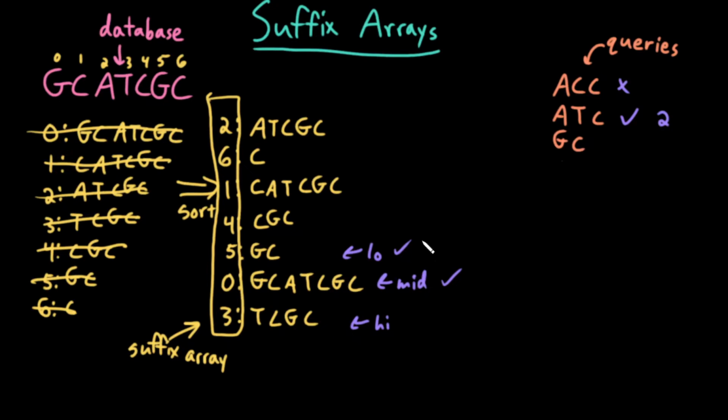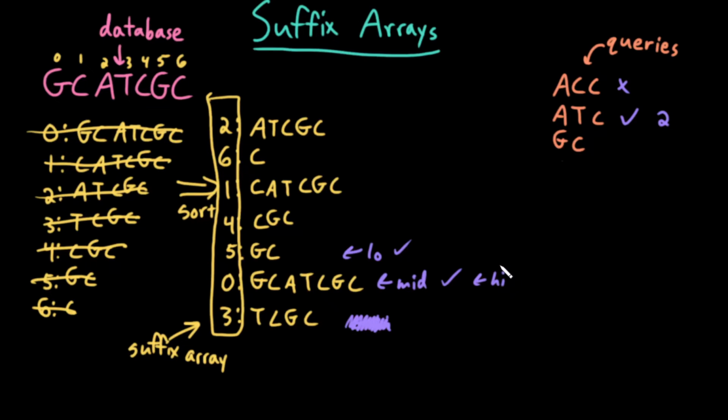Now my high is greater than my query, so I would want to move it up. I'm going to move up my high. Now my high also matches my query. My high is here, it matches my query.